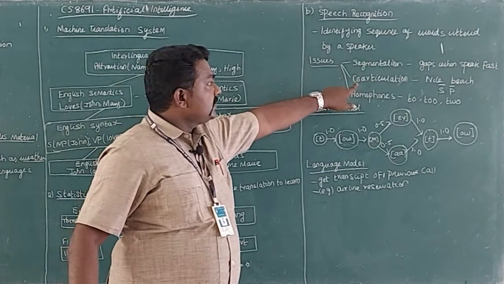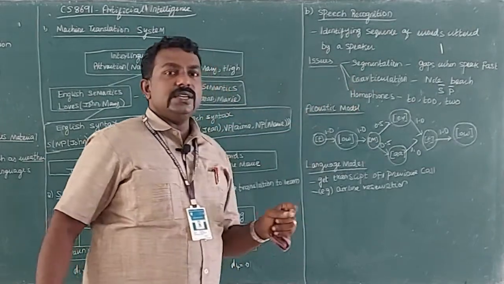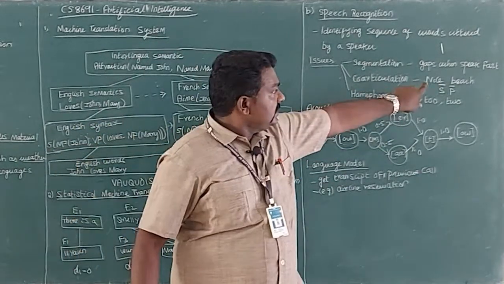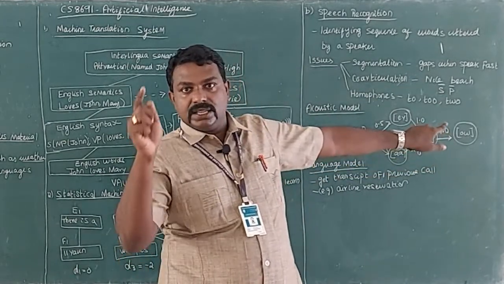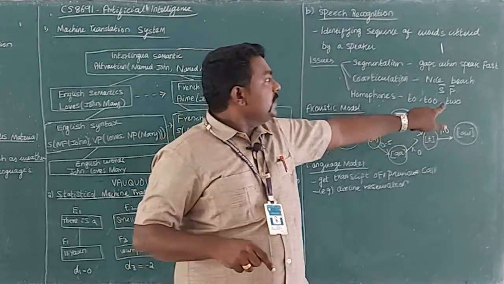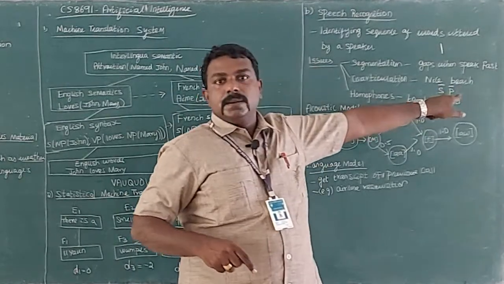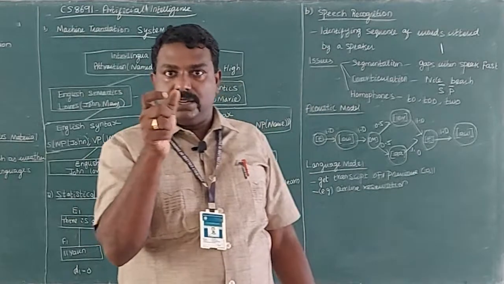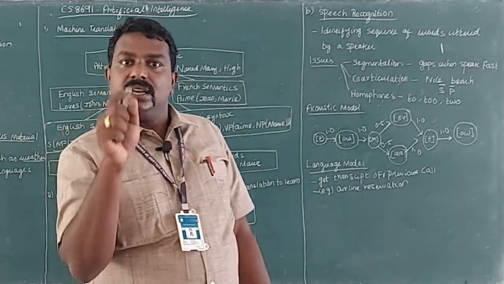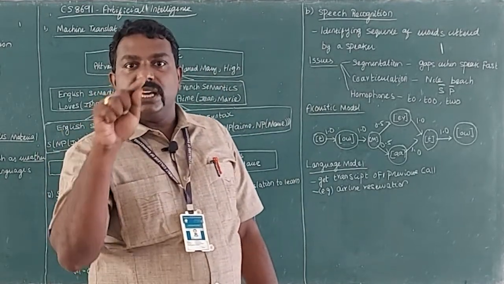The second one is called articulation. Spell this word, "nice": the S comes at the last. When you spell the word "beach", the P stands in front, so even though you spell it as "beach", that P slang is also there in front of the beach.